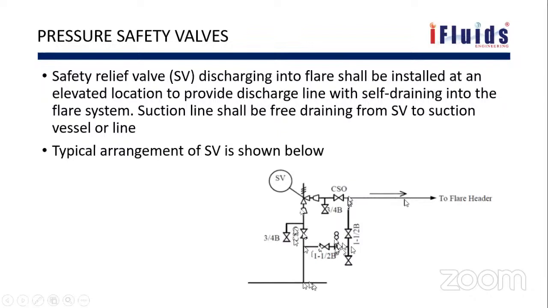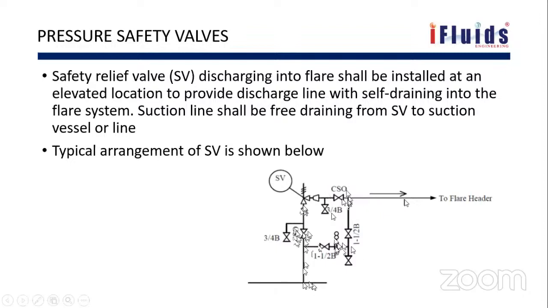CSO is nothing but a term. It stands for car seal open. This valve should always be kept open, because if these valves are kept closed, it will not serve the purpose. If this valve is closed, the PSV is not going to see the pressure.